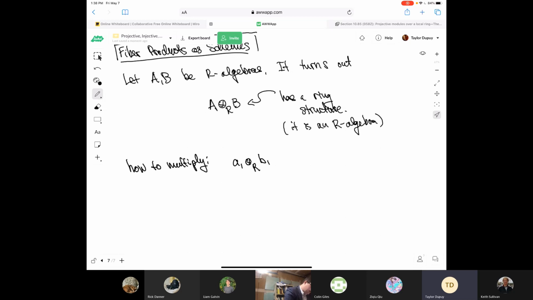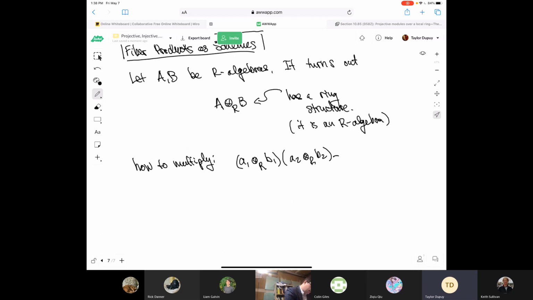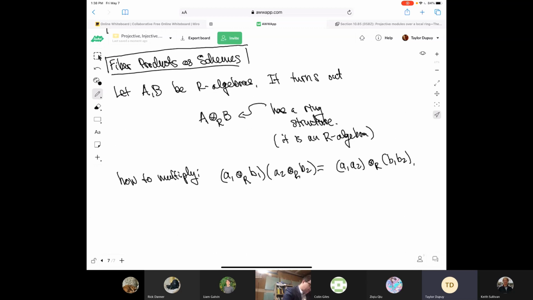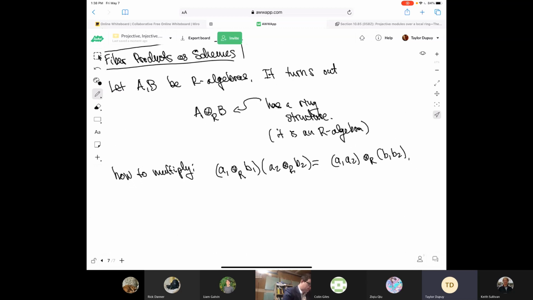If I take a1 tensor b1 and a2 tensor b2, then all I do is multiply each of the factors. This is how to multiply it.